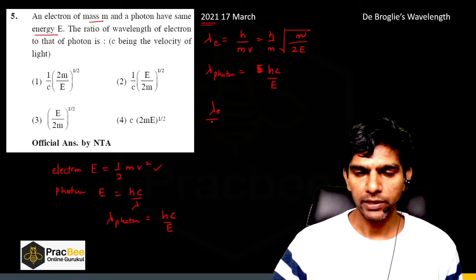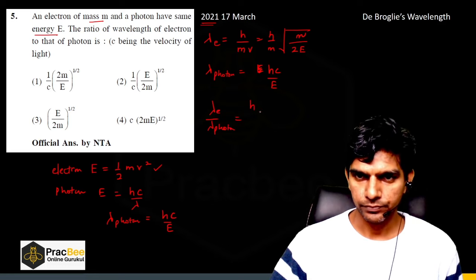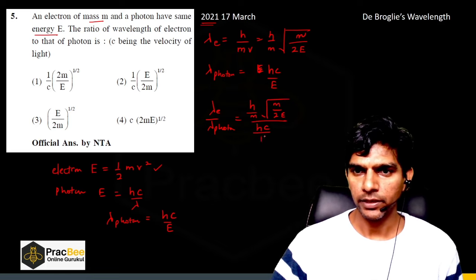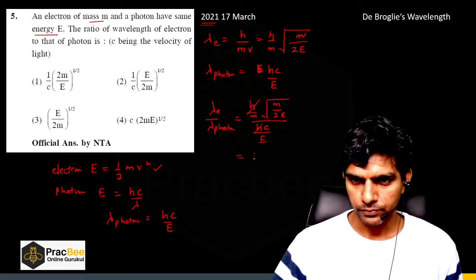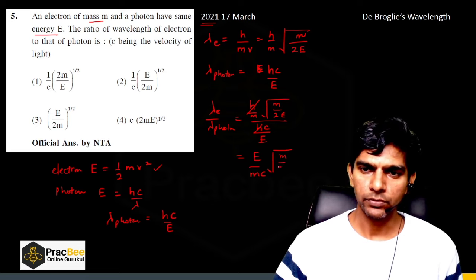So lambda e by lambda photon will be h by m root m upon 2E divided by hc by E. So h will get eliminated. So we have E by mc root m upon 2E.